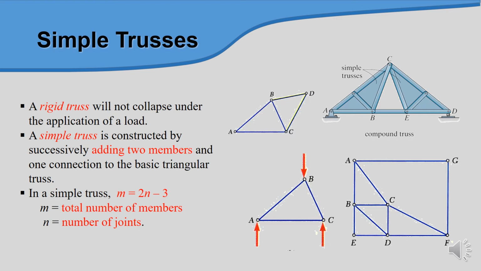And in a simple truss, we have this rule: M equals 2n minus 3, whereby M is the total number of members and n is the number of joints. So if you want to determine the total number of members, we put the number of joints in this equation and we obtain the value of M.